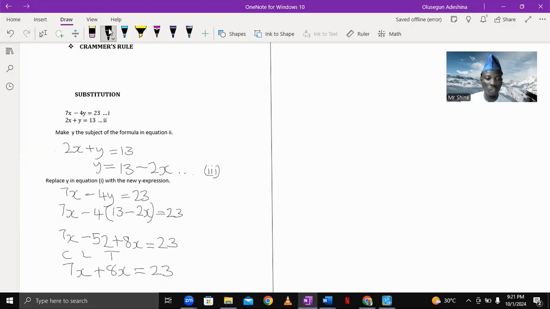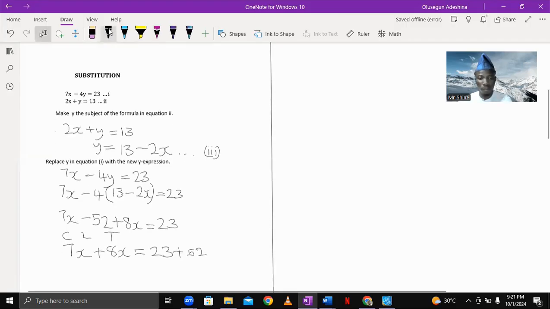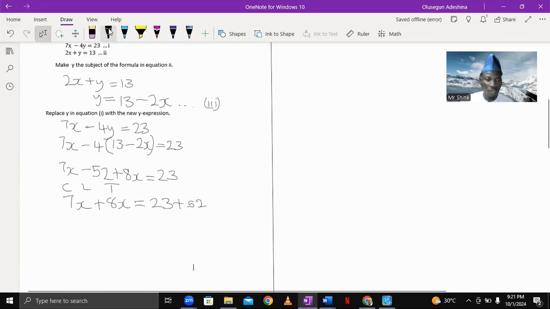But the minus 52 on the left is moving to the right. The sign is minus; on getting to the other side of the equation, it becomes a plus. Now 7x plus 8x gives us 15x. 23 plus 52 gives us 75.